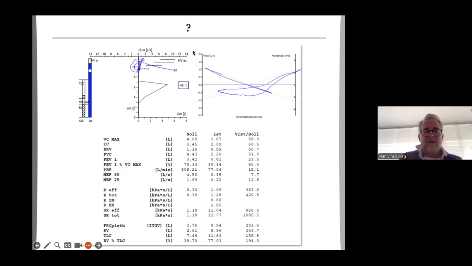But if you then take a closer look at the MEF50 and the MEF25, then you might see that those volumes are further less than normal. And for those patients, I would also perform a diffusion capacity test to see how well the inhaled oxygen can be transported through to the blood vessels.